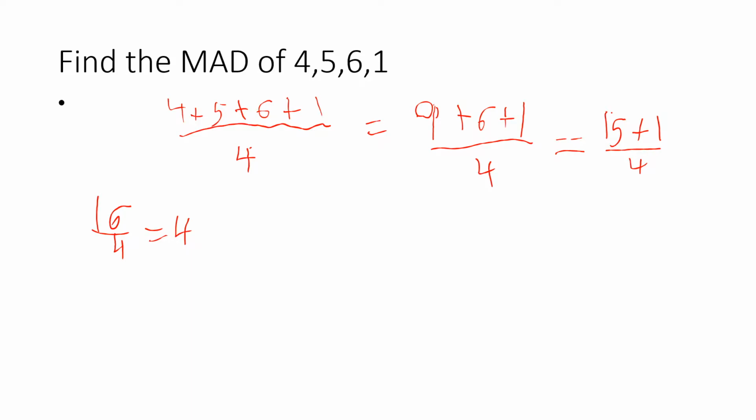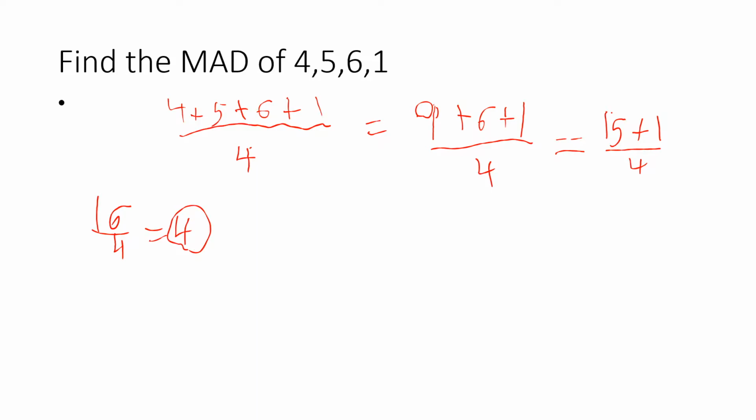So now that we have the mean of 4, 5, 6, and 1, the next step in finding the MAD is to take this mean. We have 4 as our mean, the average of 4, 5, 6, and 1, and we want to subtract 4 from each and every value.